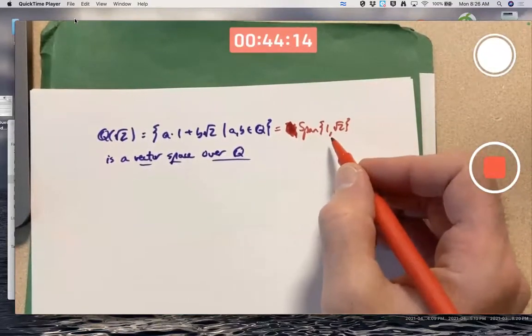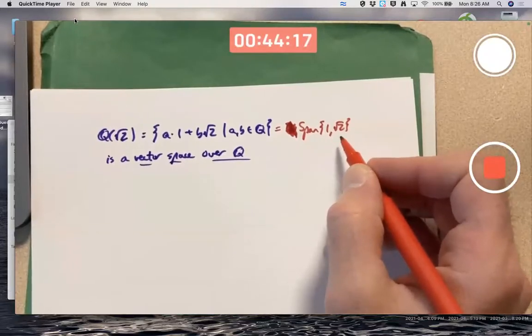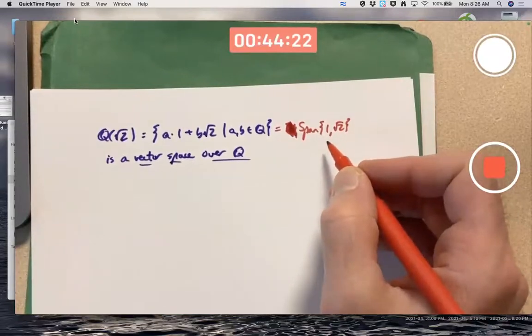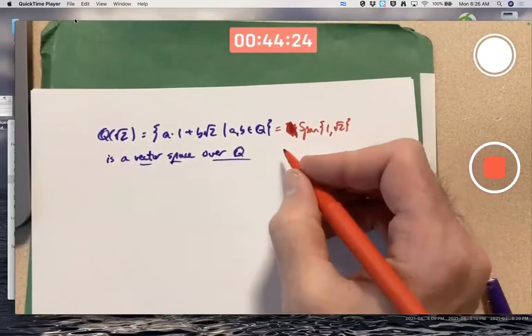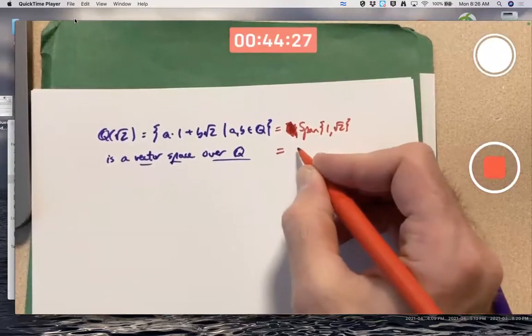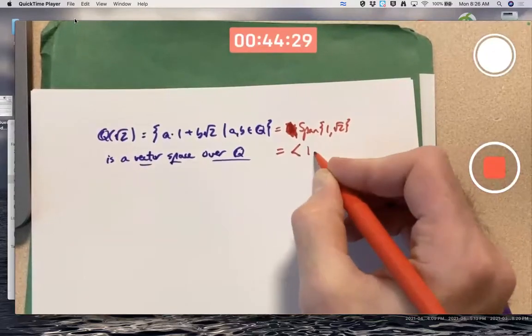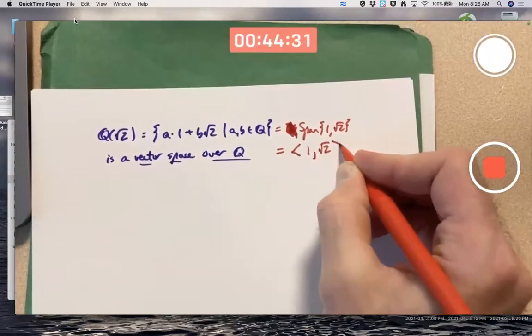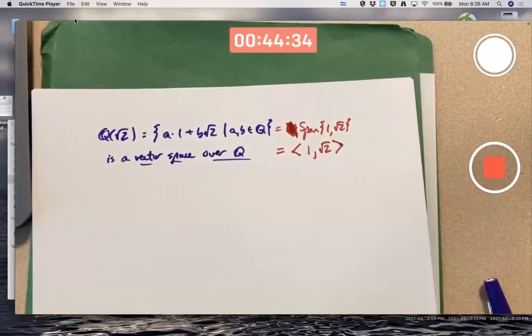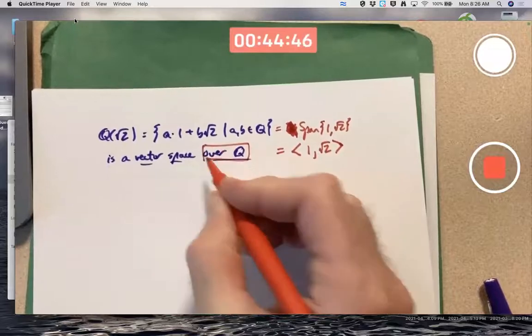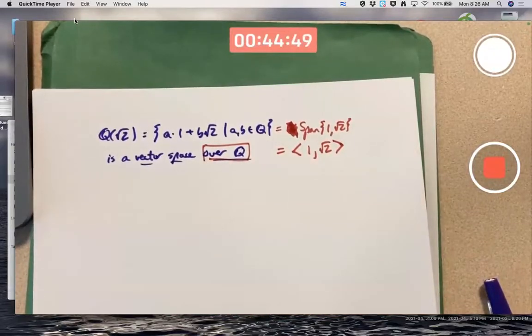Span is the set of all linear combinations of whatever's in here. Actually, our textbook doesn't use the span notation. Instead, it uses the pointy bracket notation again. But it means the same thing. It's the set of all linear combinations of these two elements, where the scalars, coefficients, are rational. Not real numbers, not complex numbers, but rational numbers.